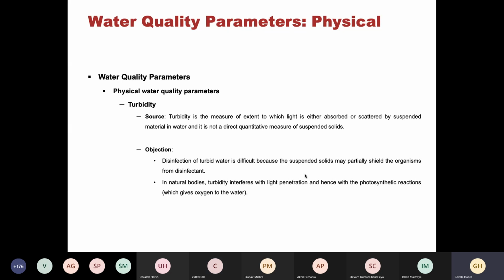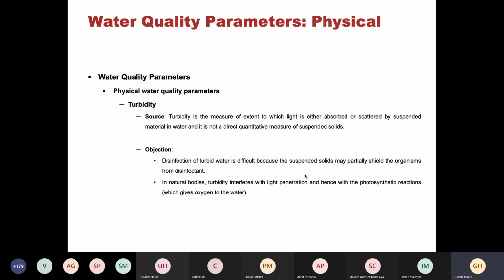Now, turbidity. Suspended solid can be removed easily. However, there is a possibility of having colloidal particles in the water, and that produces the turbidity. Yes, the suspended solid will also produce the turbidity. However, suspended solid can be removed by a simple filtration method, but the colloidal particles may not be easily removed just by filtration.